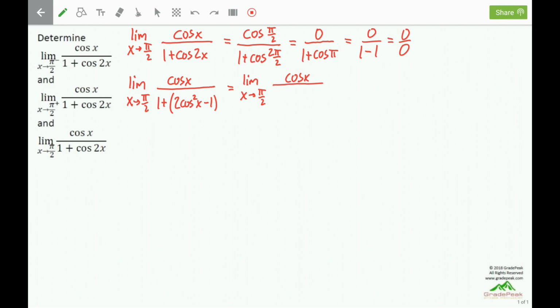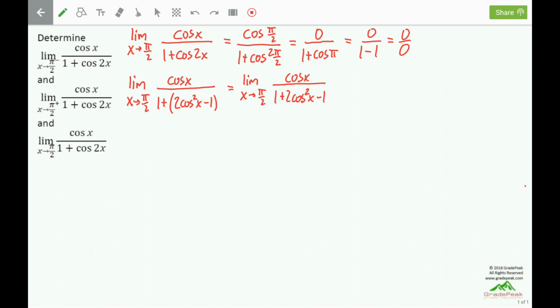We'll have cosine of x over 1 plus, we can distribute this plus into here, so it'll be plus 2 cosine squared x, and then plus times a minus is a minus 1.